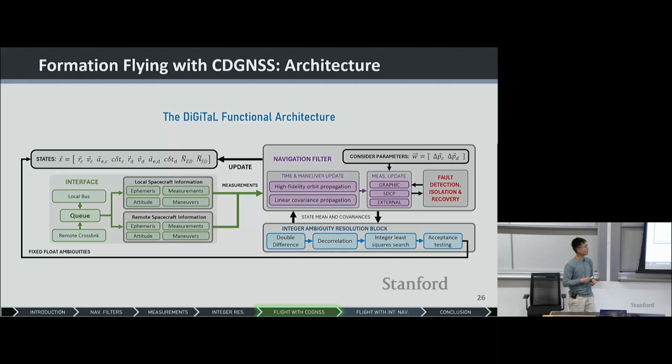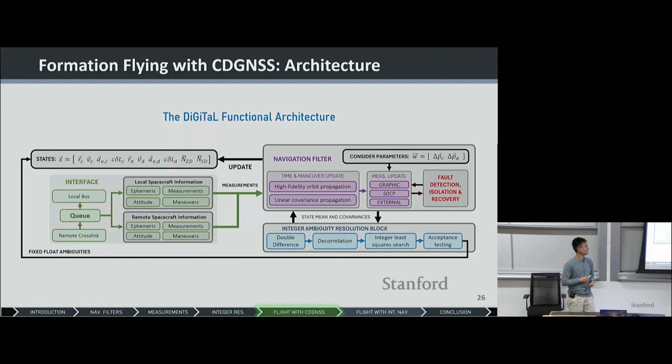Then this is repeated again for a second spacecraft, a deputy. And again, there's no limit to putting a third spacecraft here as well. So this is just a two spacecraft example. Then we also estimate the undifferenced ambiguities and the single differenced ambiguities as part of the state.